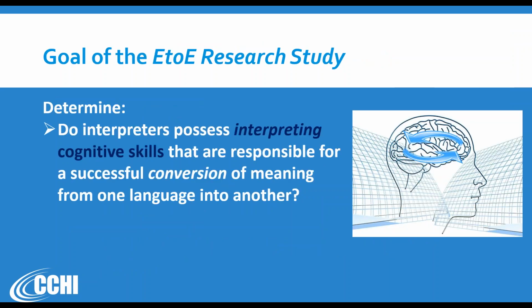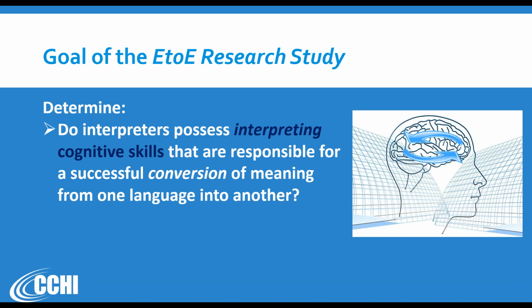Our goal is to determine, first of all, do interpreters possess interpreting cognitive skills that are responsible for the conversion of meaning from one language into another. In other words, if we take two bilingual individuals, one of whom says, I'm an interpreter, and the other says, I just speak French and English, how do we know that the person who says they're an interpreter can actually interpret?